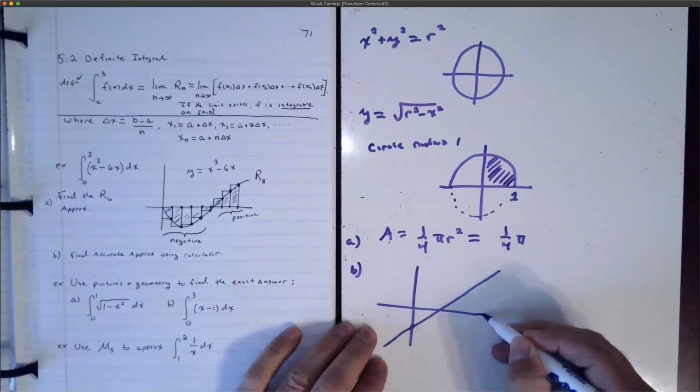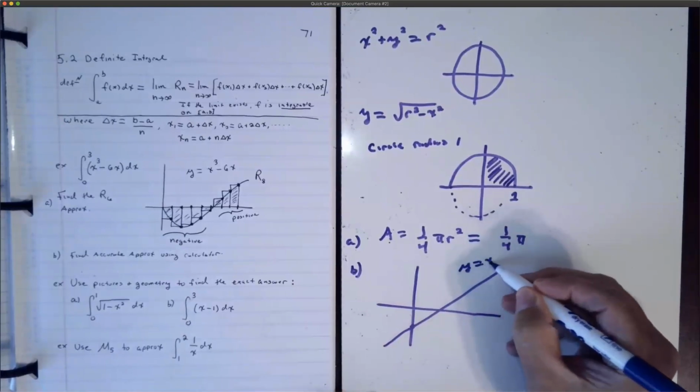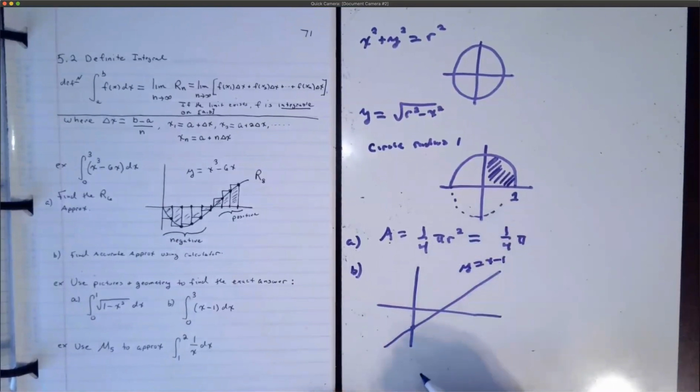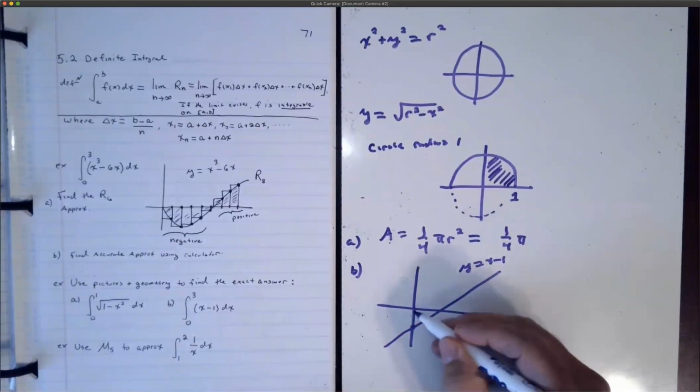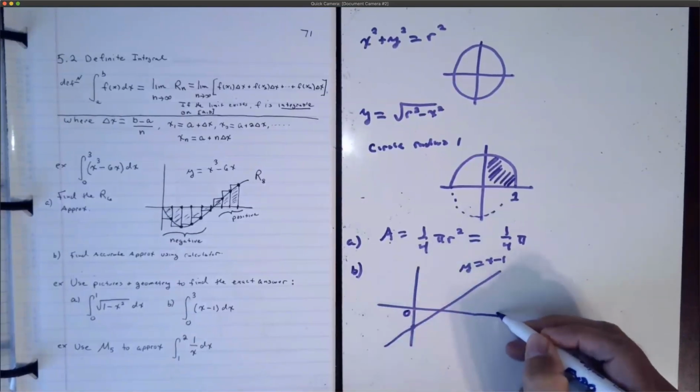Okay, so this is the graph of y equals x minus 1. And we want to find the area from 0 to 3.